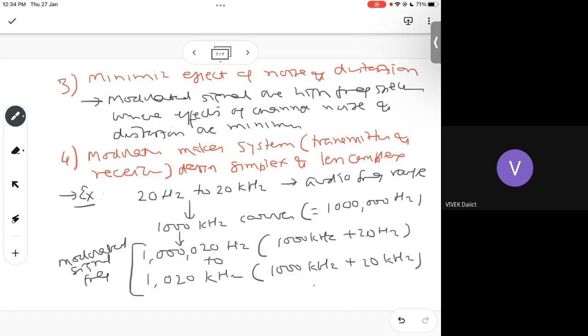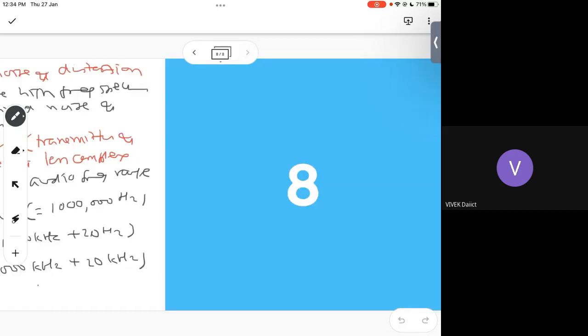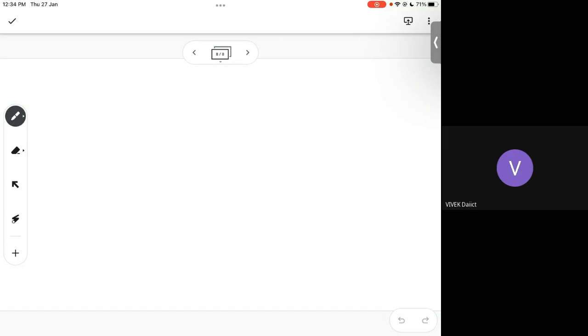Now, if you see here, in my system I have a low frequency and I have a high frequency. If I take the ratio of highest to lowest frequency, it turns out that 20 kilohertz was the highest of my message signal, and 20 hertz was the lowest one.